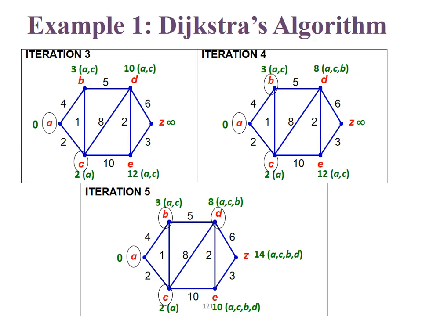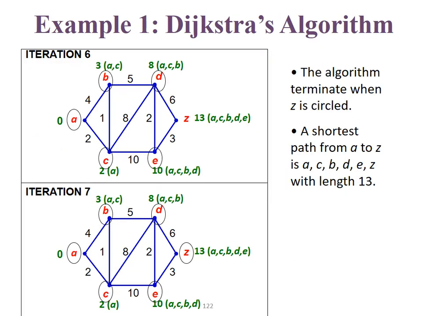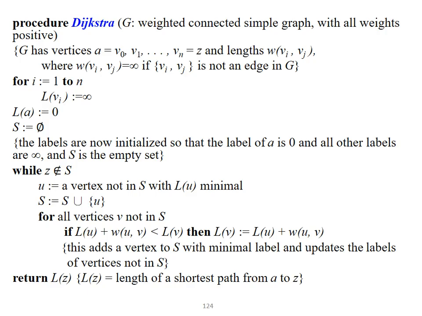Then you can follow the while loop to complete the algorithm. Alright, so you will repeat this process until Z is included into the set. So we call this the Dijkstra algorithm.